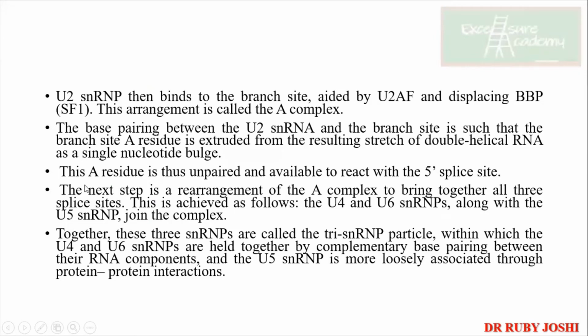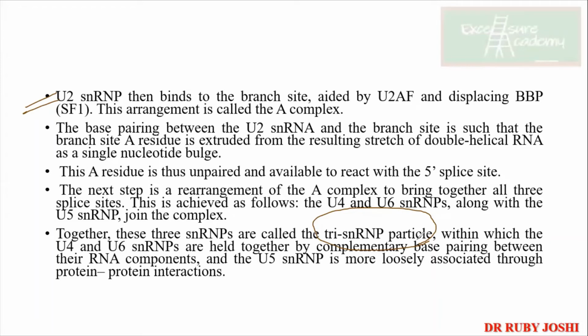So if you are asked in this slide what the takeaway message is, that the tri-snRNP particle is associated together on what basis? You can say that U4 and U6 are together because of complementary base pairing, and 5 is associated with 4 and 6 with the help of protein-protein interactions. Obviously, both of the interactions are weak because later it has to be displaced, okay?